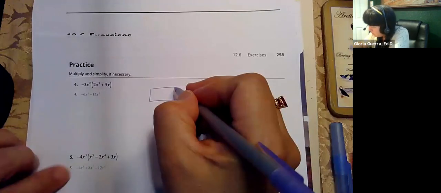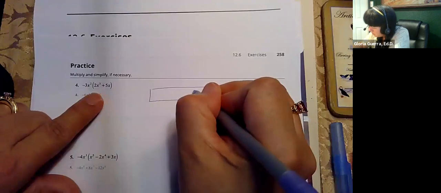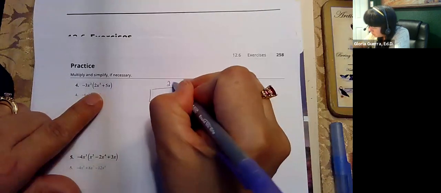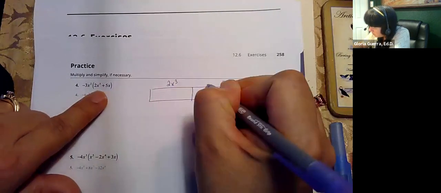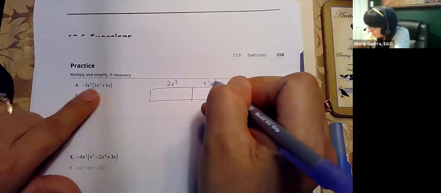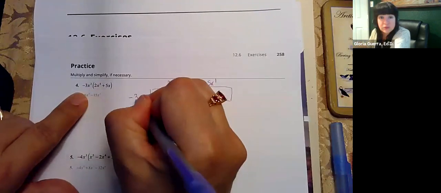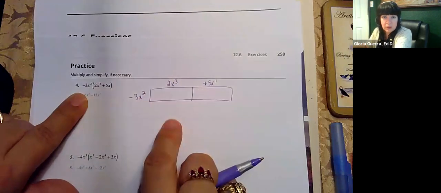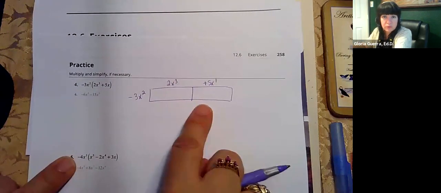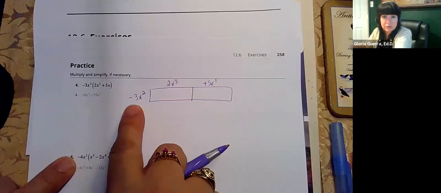So I have 2x cubed plus 5x to the first power times negative 3x squared. So you see, I could do a single box, binomial times a monomial. This is a box method.